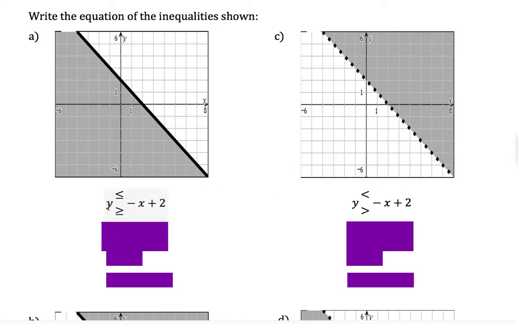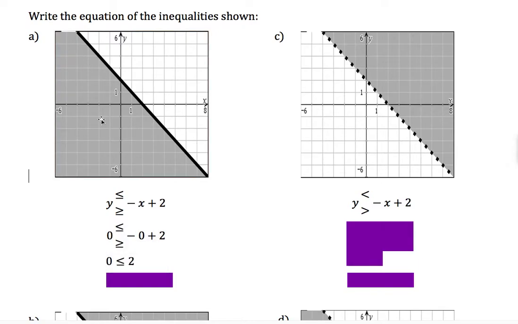Okay, so this time I need to plug in a point for x and y and simplify it to see what happens. If you can, pick the point (0, 0), always pick that point. It makes your life so much easier, but you really could pick any point you wanted. So we're just going to put 0 in for y and 0 in for x, and we'll have 0 compared to -0 plus 2. Well, -0 is just 0, so I have 0 and 2, and in this case 0 is less than 2.